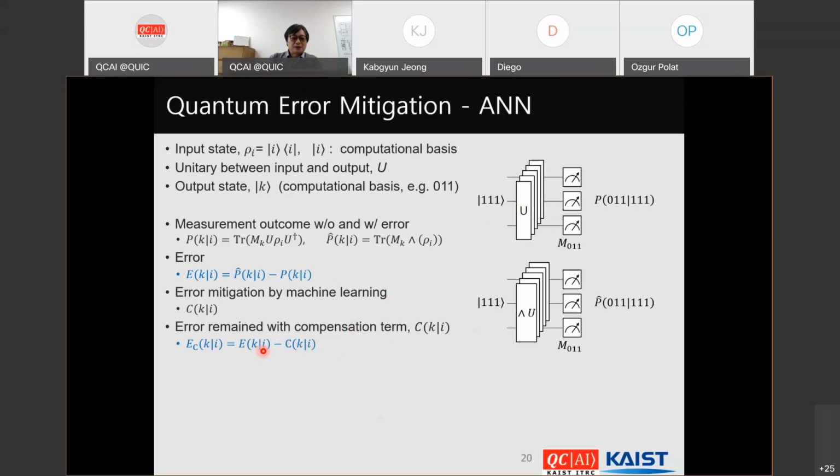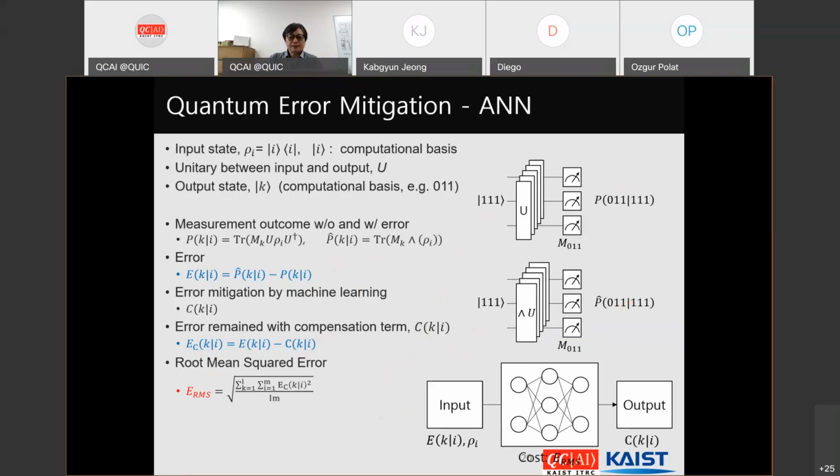At the end of it, we just compensate that amount of error to the final state. In this way, we can change the probability of the final state. And the amount of error is estimated with the RMS, and this becomes the loss function for the training.